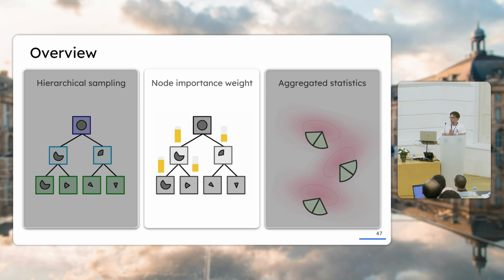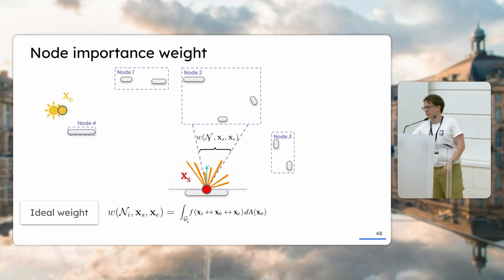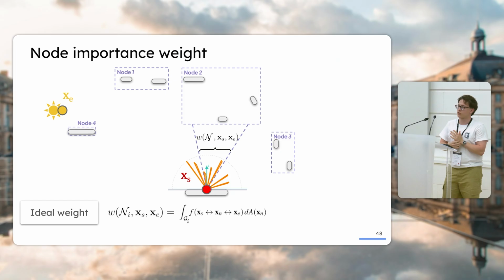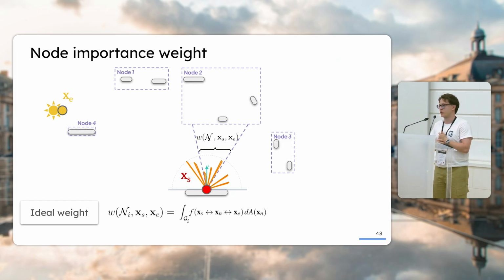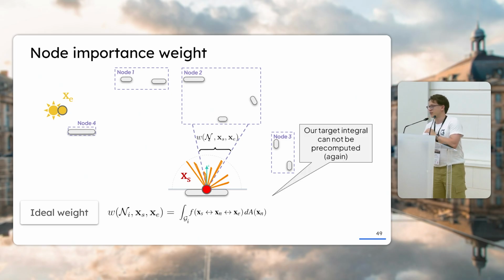So Nestor has told you that we need a node importance weight to guide this traversal. But what is this node importance weight for each node? Ideally, the importance weight of this node is proportional to the total contribution of the geometry contained in this node. However, as we have said, this would require solving this integral and or pre-computing it, which cannot be done.